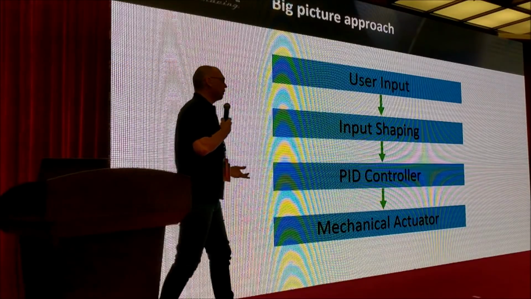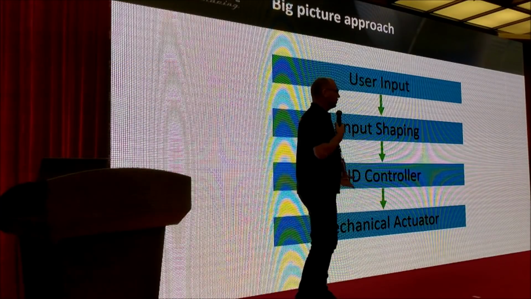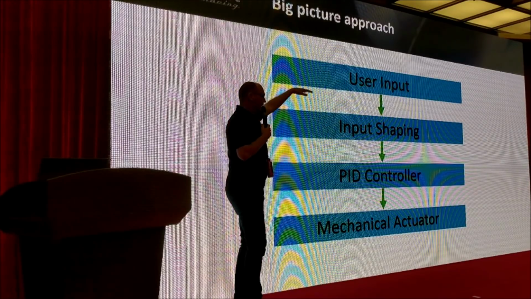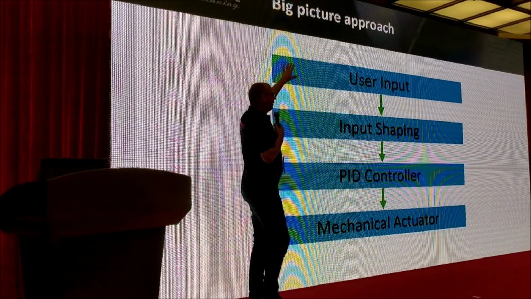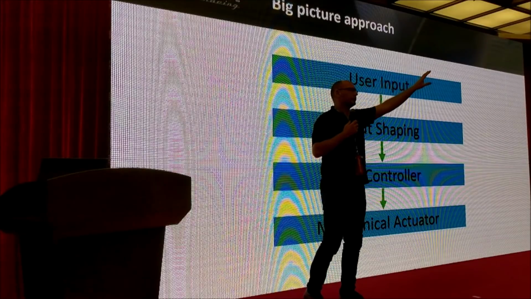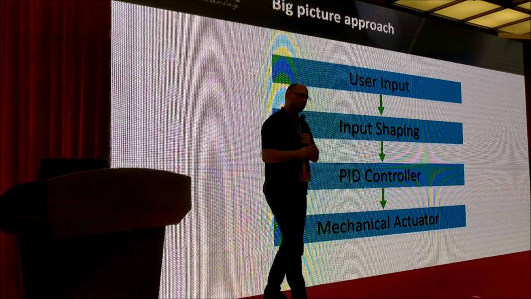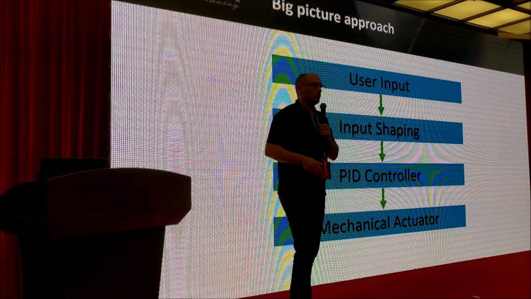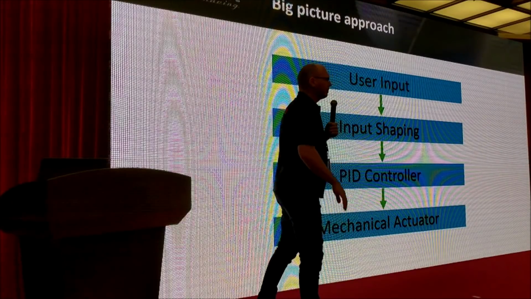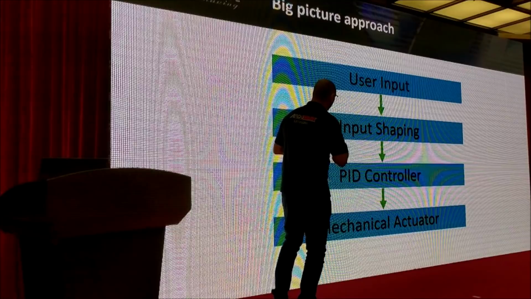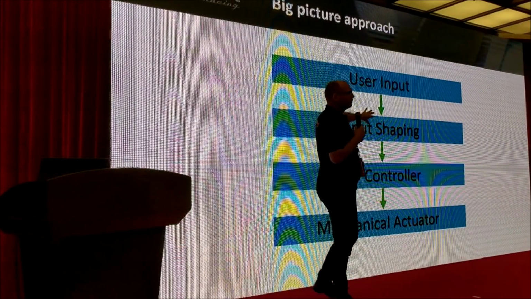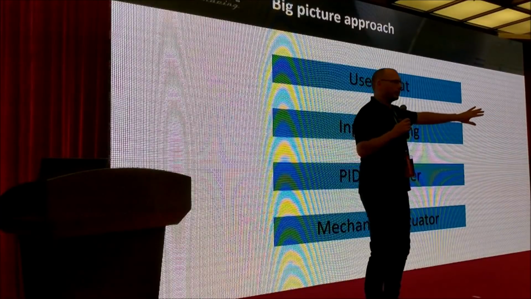So the way we structure our control loops, for our attitude control, we have the user input from the pilot. Most pilots anyway don't tend to be very good pilots. So underneath that, we have an input shaping section.